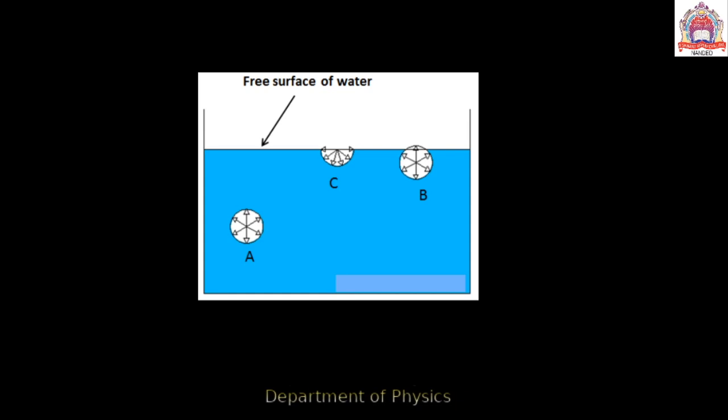Now consider the sphere of influence of B. It is partially, with minimum area, outside the liquid surface.